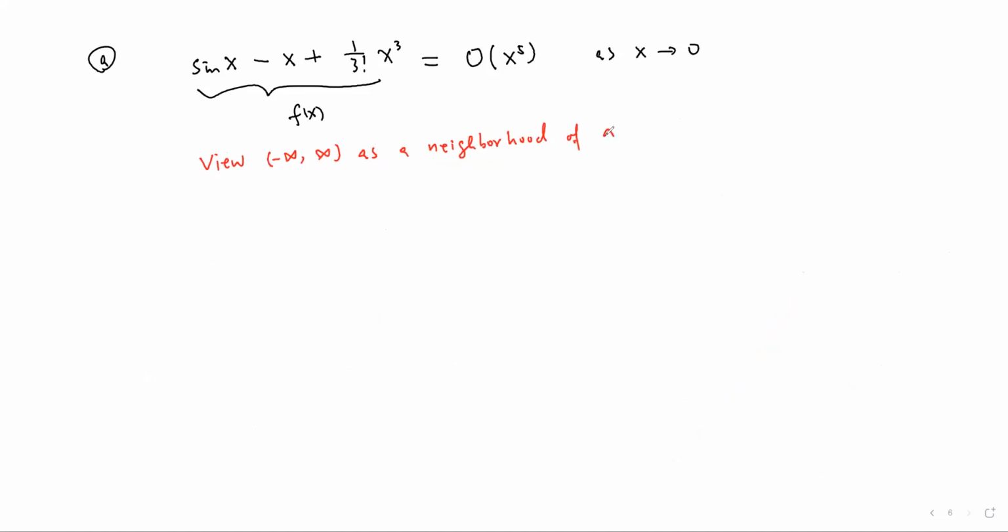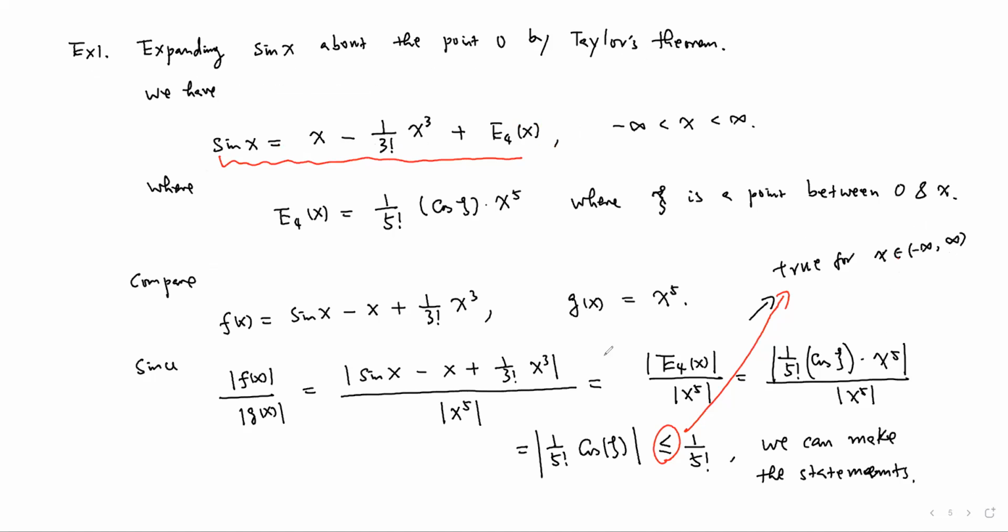The constant in the definition is 1/5 factorial. This is C in the definition. So I can find a neighborhood of 0 and a constant C, so that this ratio is less than or equal to C. Therefore, function f is big O of function g.